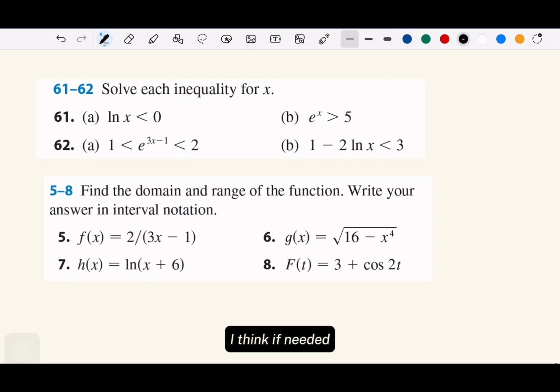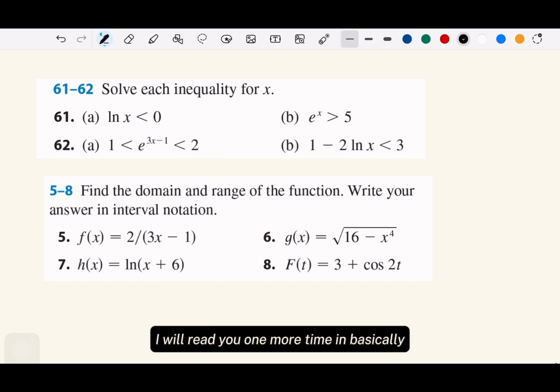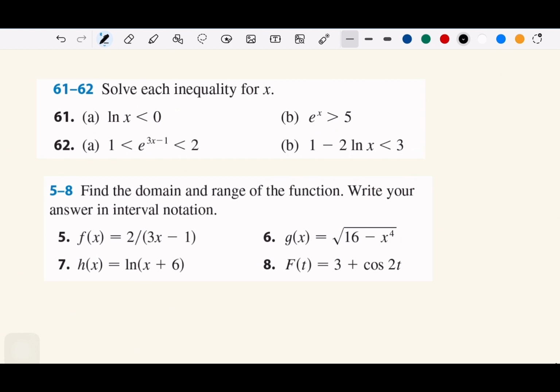If needed, for log and exponent, and also domain and range, I will review one more time in basic math, since we haven't yet really discussed much on logarithm and exponent. So you can take a picture first and then try your best to solve, okay?